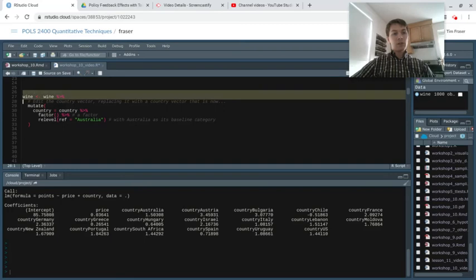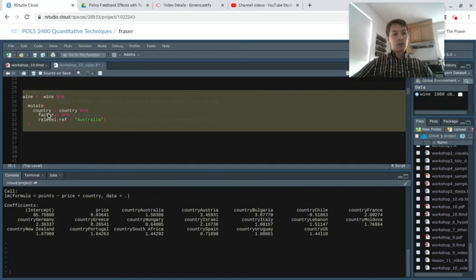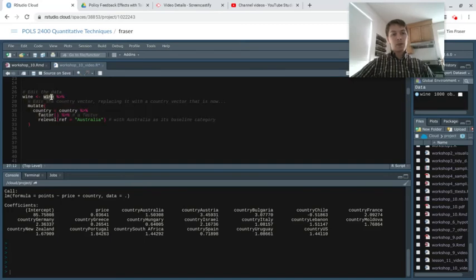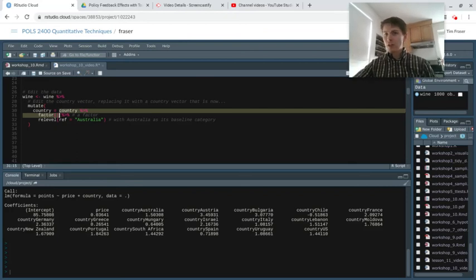Let's see what we do here. Okay, so we have our wine data frame. We can mutate the wine data frame and say, make our vector country equal to everything that comes after this. And what comes after it is, we're going to say country, turn country into a factor, and that's done by pipelining to the factor. That's the same thing that R normally does automatically when you run a regression on a categorical variable.